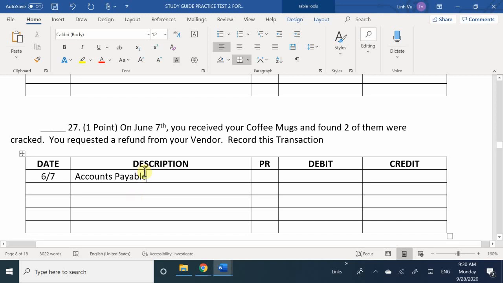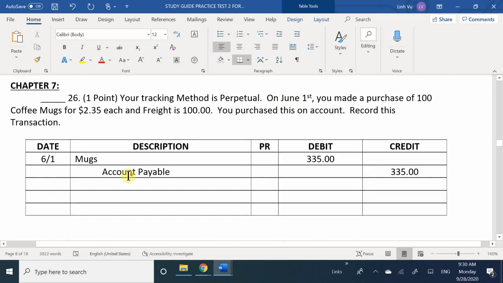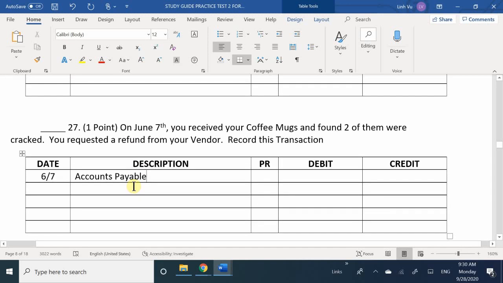And how much am I going to actually reduce my amount by? So from the previous scenario, how much did we originally buy each cup for? $2.35, and it's going to be for a total of $4.70.